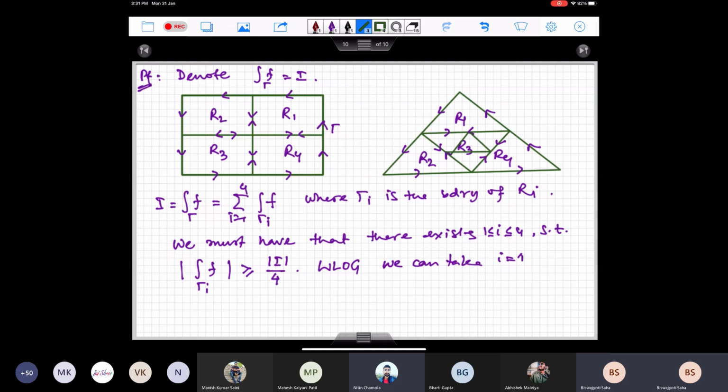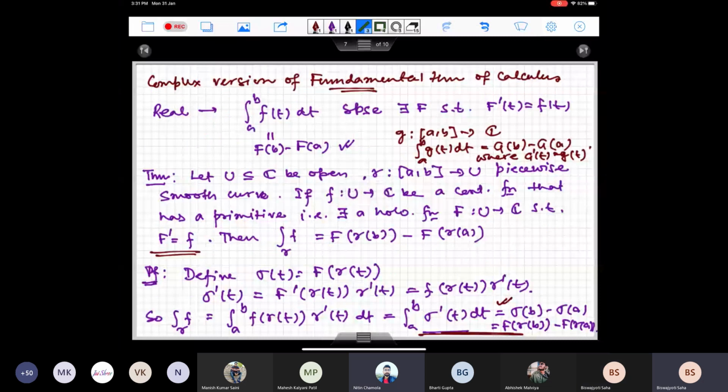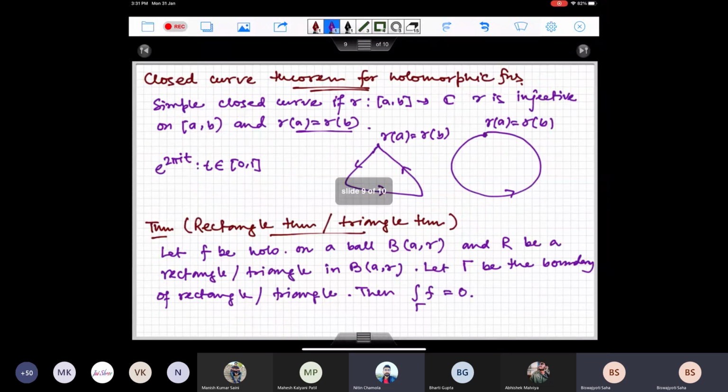So that's why I have mentioned that things like 1 upon z square, 1 upon z cube, or for example 1 upon z are not applicable. This particular result really needs holomorphicity not only on the curve but rather on the ball.